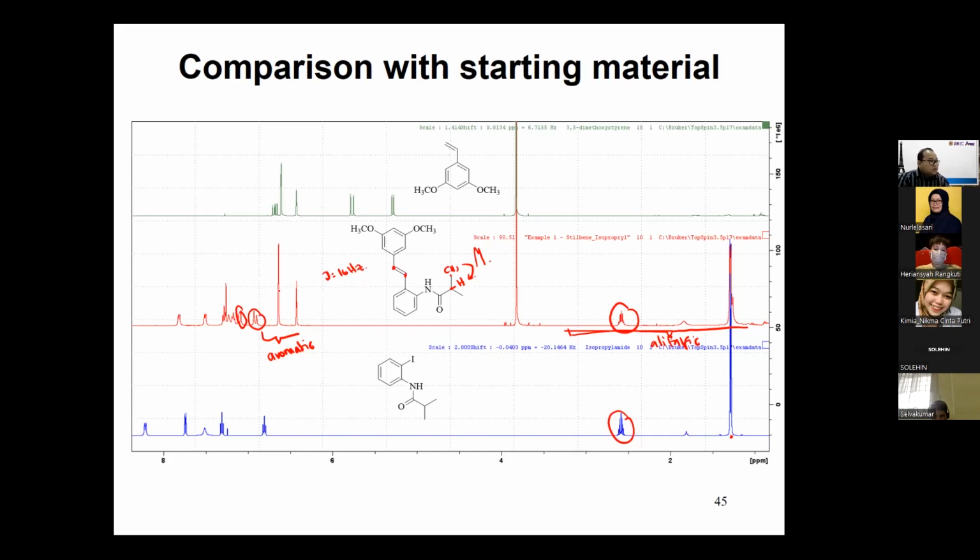So for example, what next? What information do you have? You have nice triplets here, triplets, doublets, and doublets.